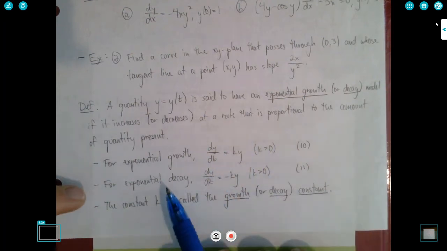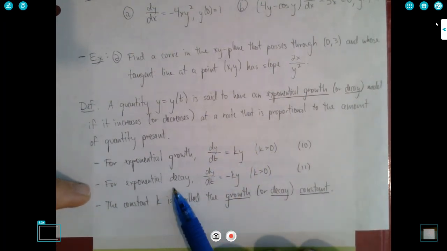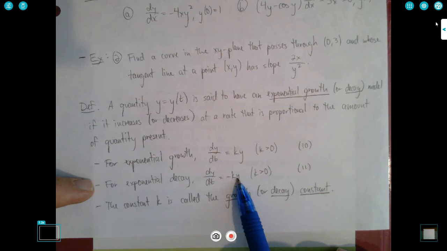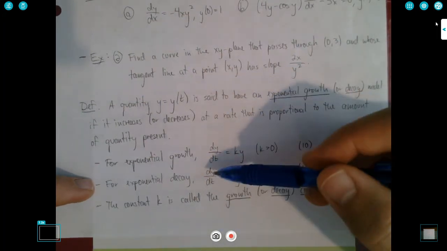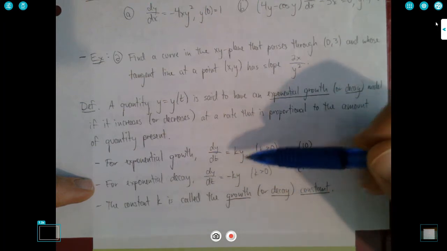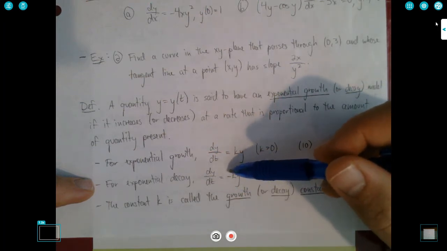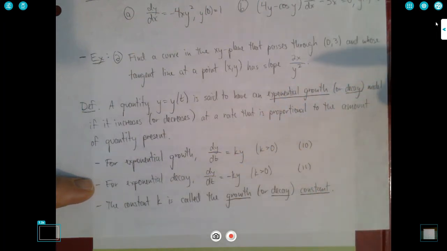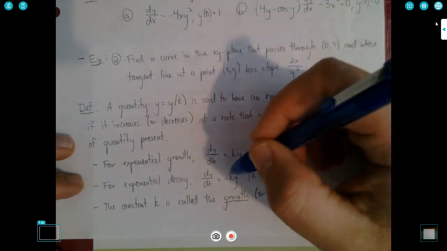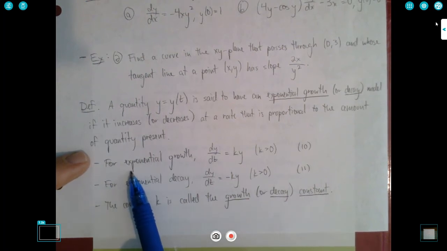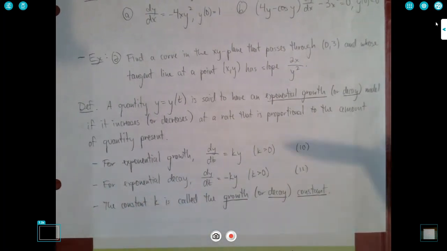For exponential decay, the rate of decay is going to be proportional to the amount present at any given time. But because it's decaying, this number would be negative. So again, k is positive, but this is a negative k. Anyway, this value k is called the growth or decay constant, depending on if you're dealing with exponential growth or exponential decay.